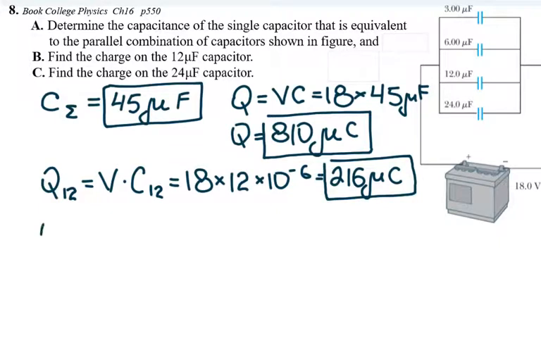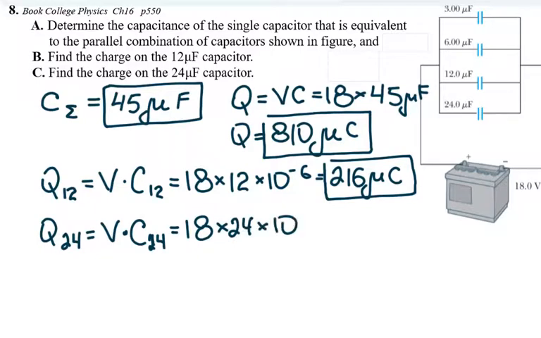And if I calculate the charge on the 24 microfarad capacitor, I have again the voltage, potential difference, times the capacitance of the 24 microfarad capacitor. That gives me 18 times 24, 10 to the negative 6 for micro, and I get 432 microcoulombs.